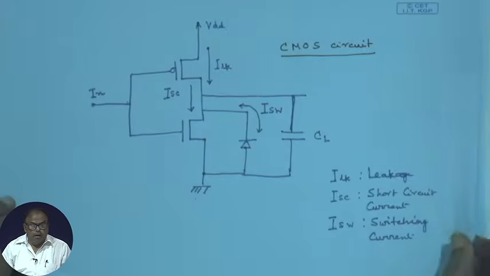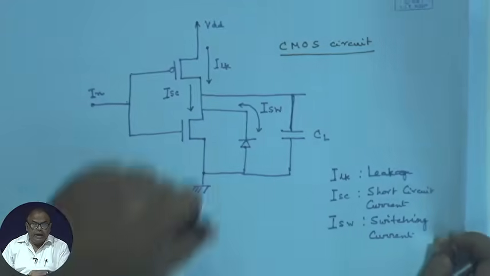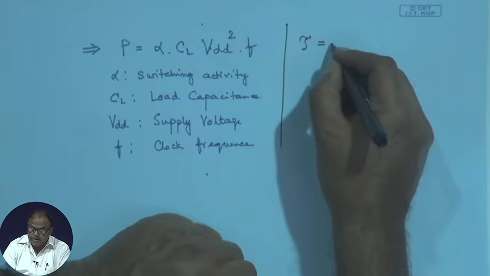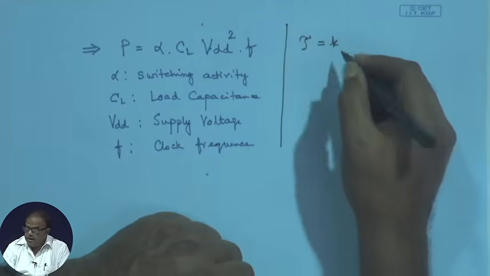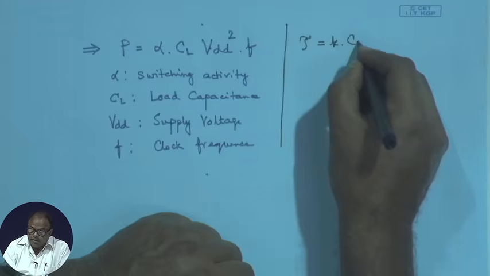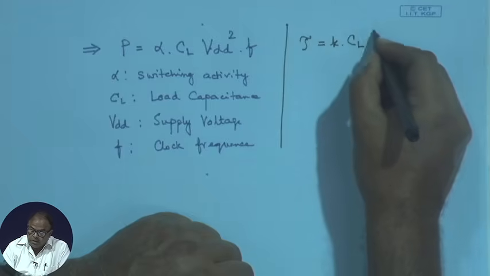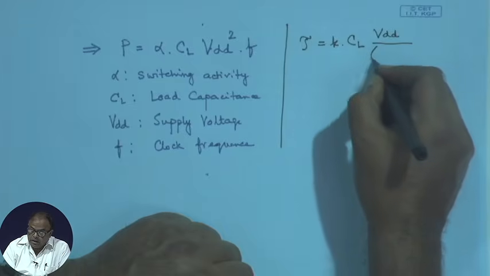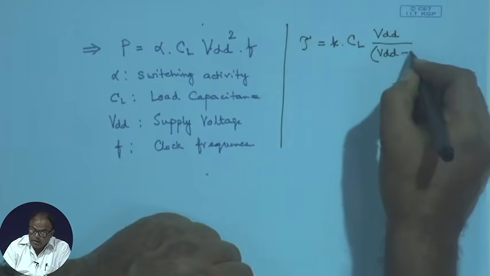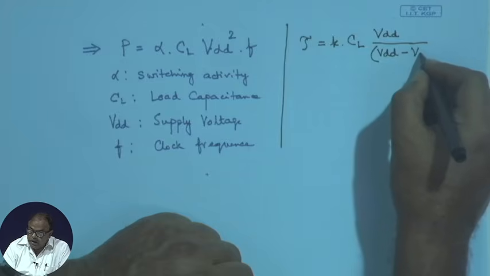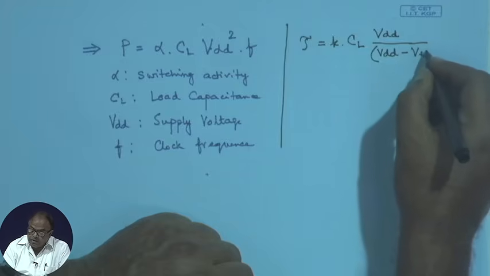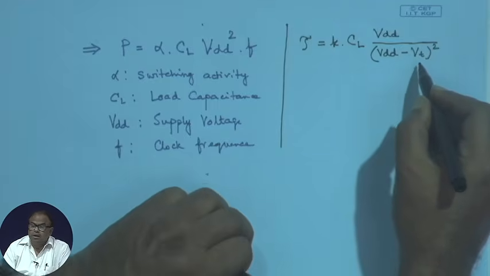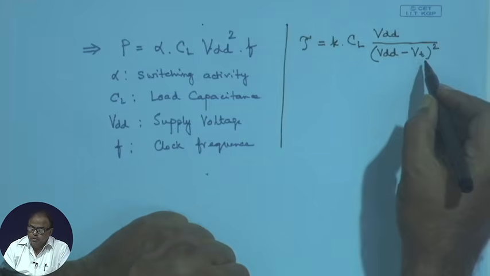So, the delay of switching in a CMOS circuit can be given as some constant k times the load capacitance times VDD divided by VDD minus Vt, squared. Vt is a threshold; beyond this voltage nothing will happen, no switching will take place.